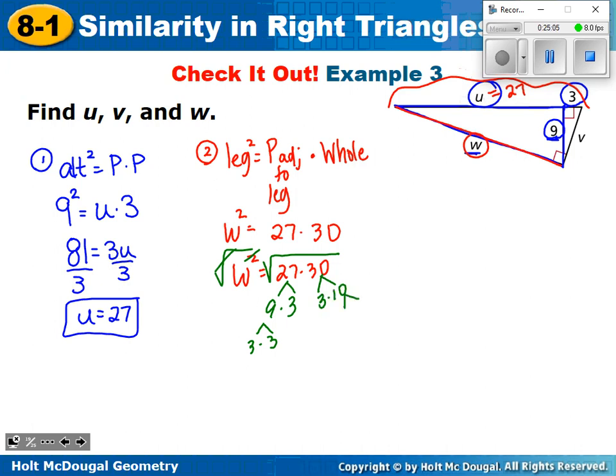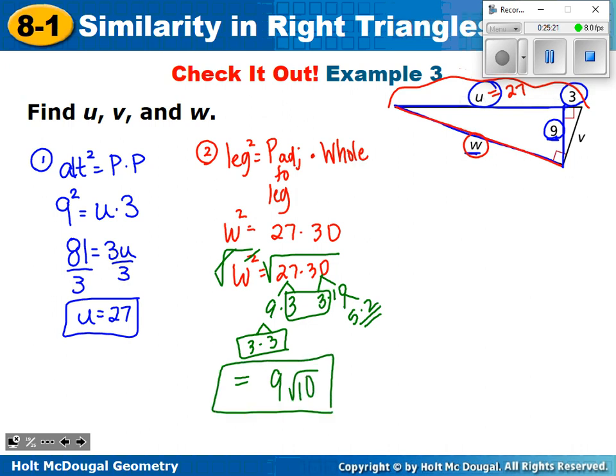And 10 factors into 5 and 2. Don't lose any of your pairs. So I've got a pair of 3s, a pair of 3s, and a 5 and a 2 left over, which means this simplifies to what? 9 square roots of 10.